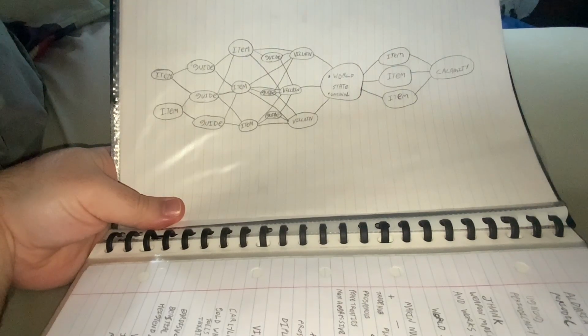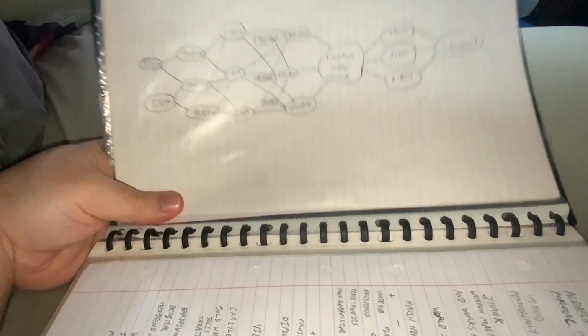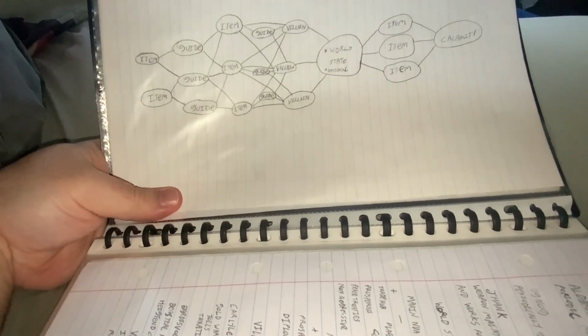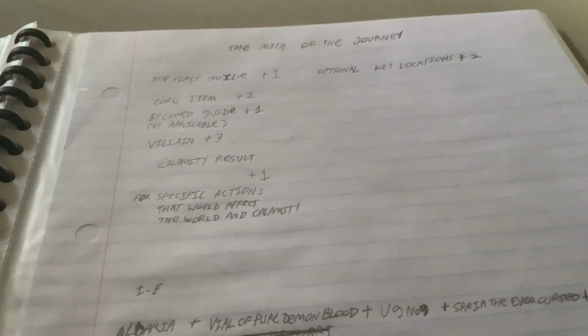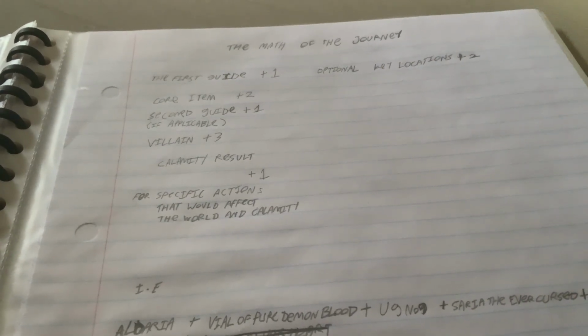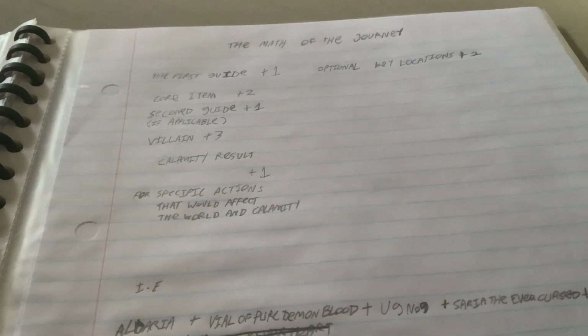The math of it is also pretty simple. The map of the journey will go for, think of numerical values for each certain thing.